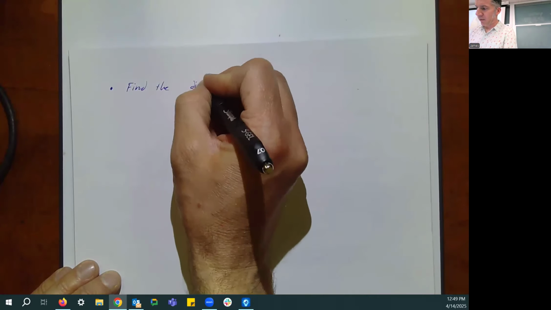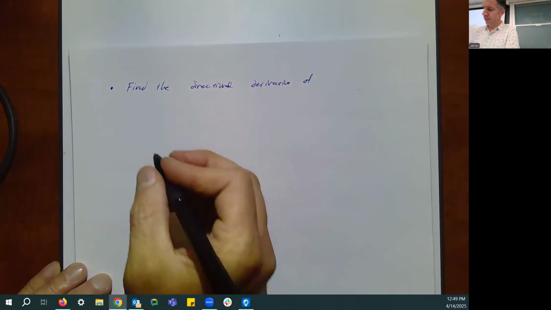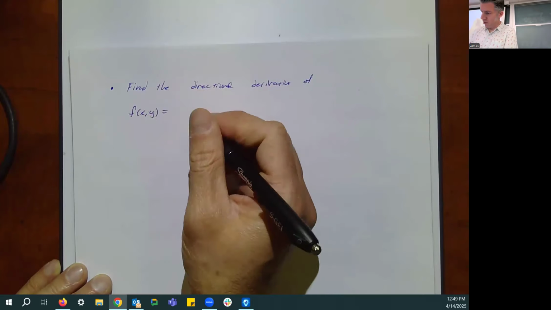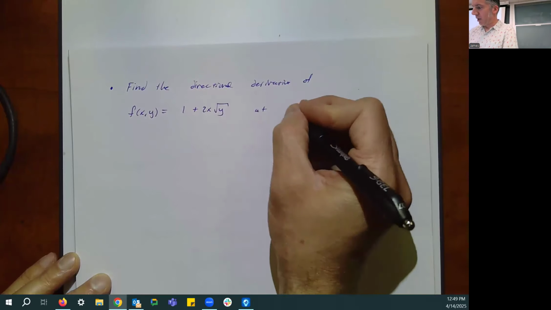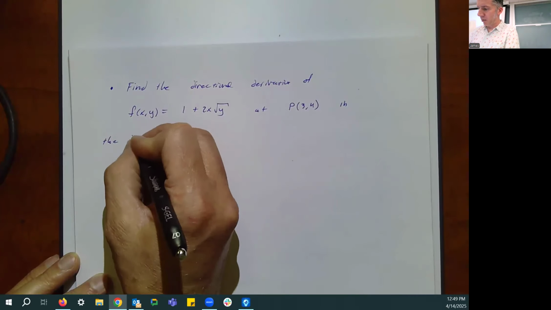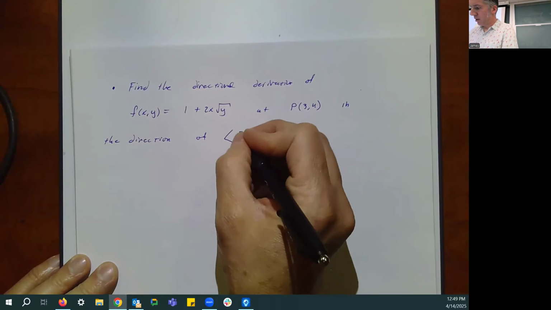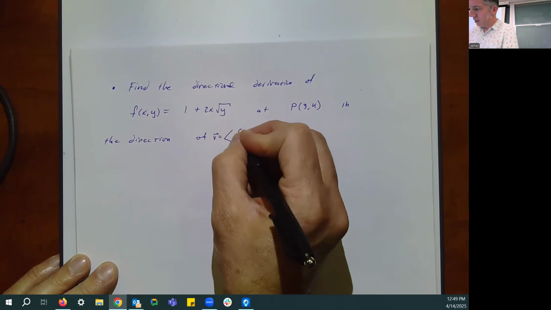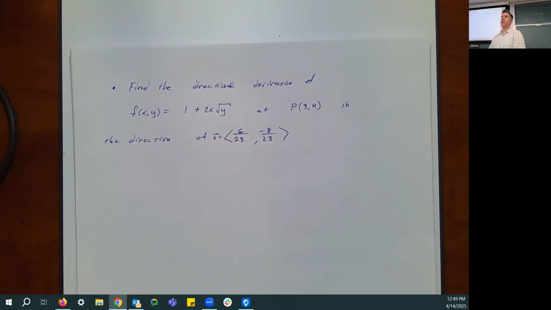We want to find the directional derivative of f(x,y) = 1 + 2x times the square root of y at the point (3, 4) in the direction of, I'm going to give you something really terrible, v = <6/23, -8/23>, which is definitely not a unit vector on its own.